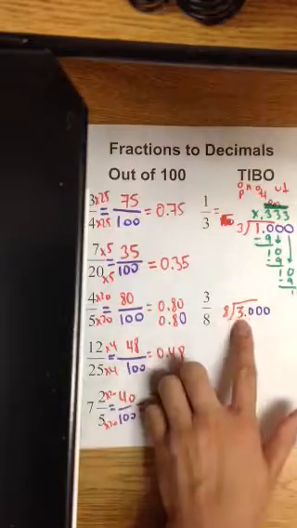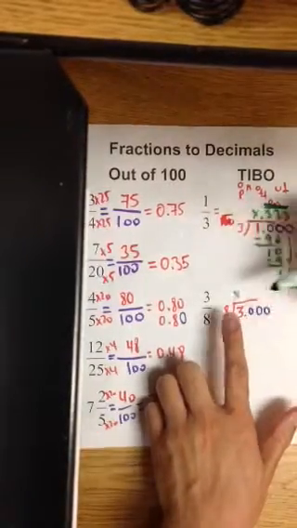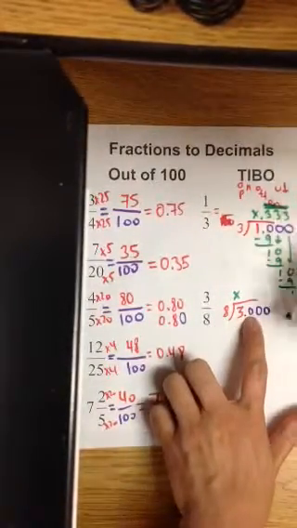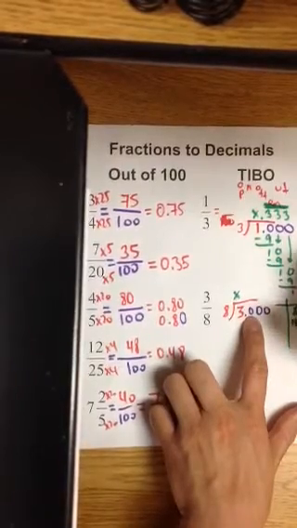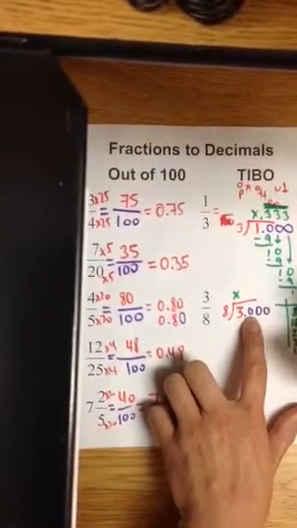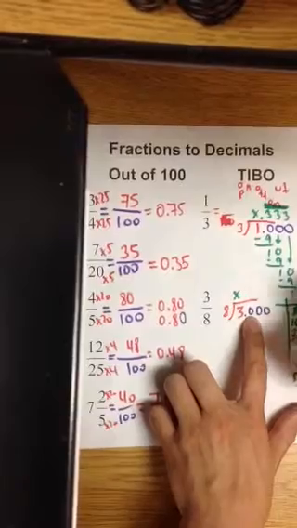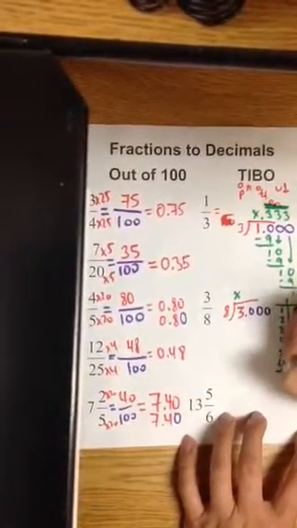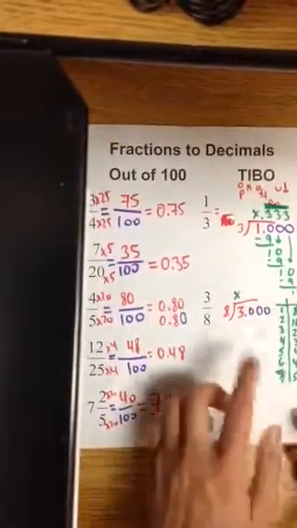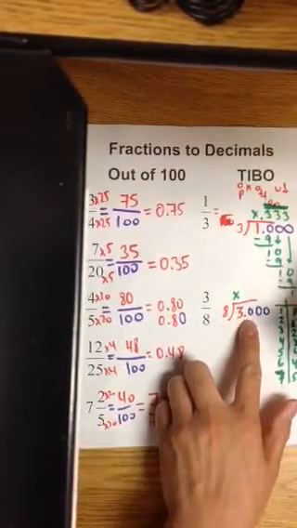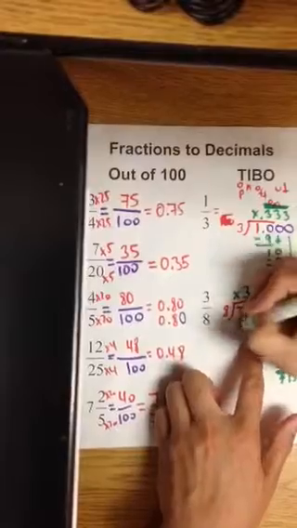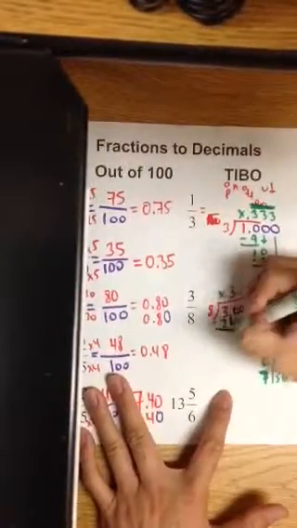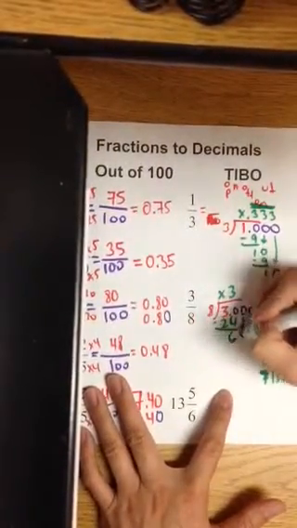Can 8 go into 3? No. Can 8 go into 30? 8, 16, 24, 32, 40, 48, 56. Here's my table, because I do not know my 8s as well as I should. So can 8 go into 30? Let's see. 3 times. So the remainder is 6. Bring down the 0.